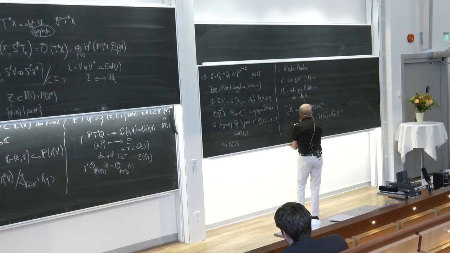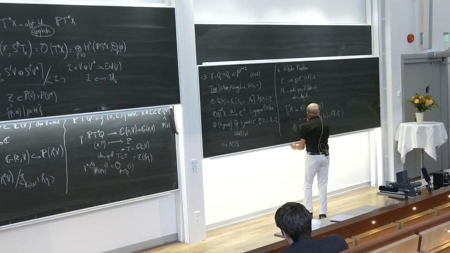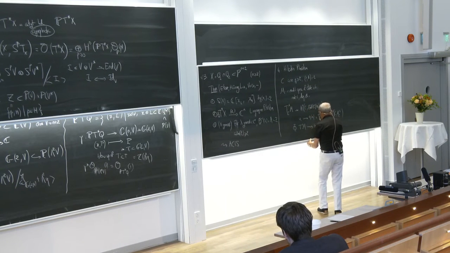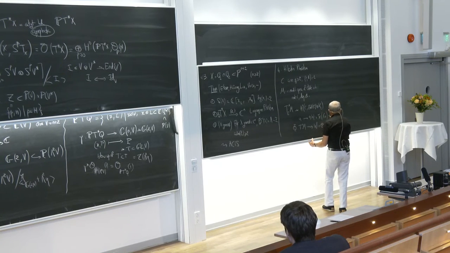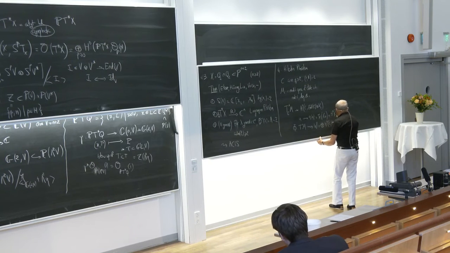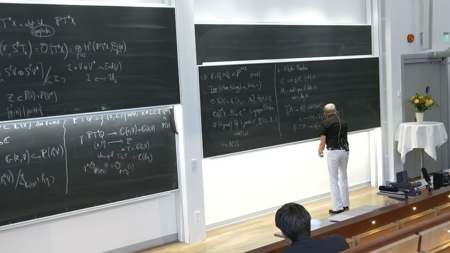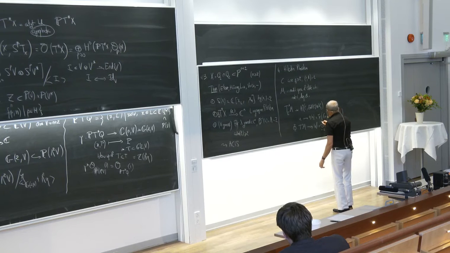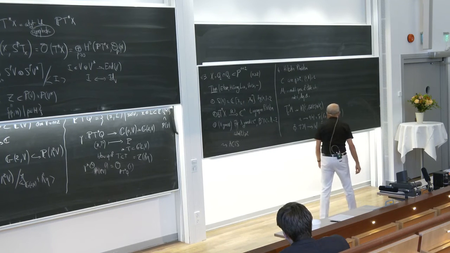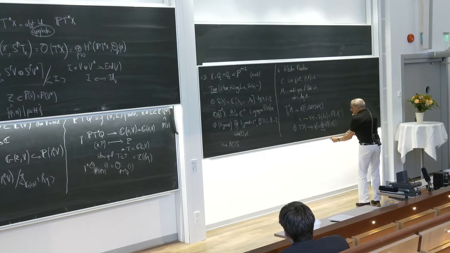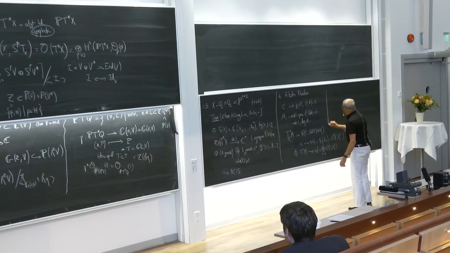So phi from T star M goes to a vector space W, which is a direct sum of H naught of C, K_C to the i, where i goes from 1 to the rank. Let me write this here.